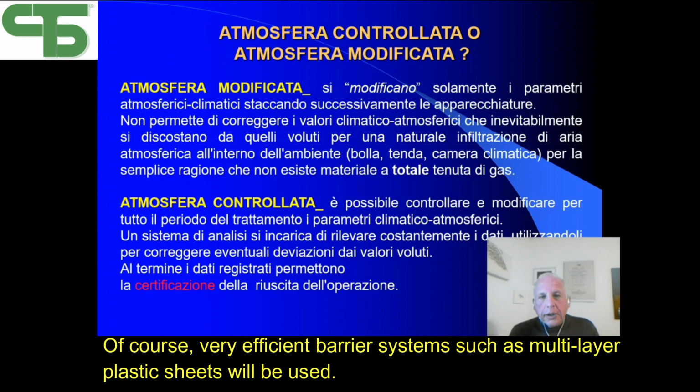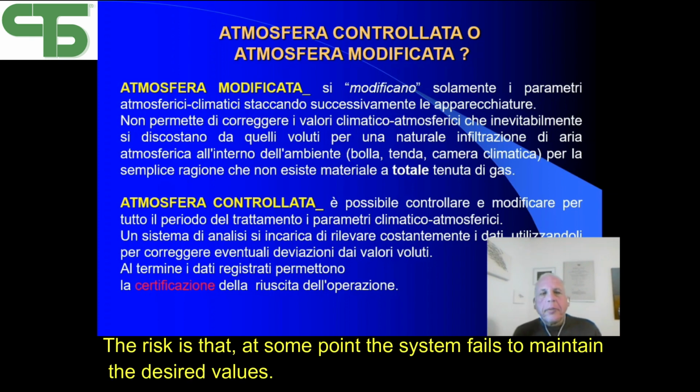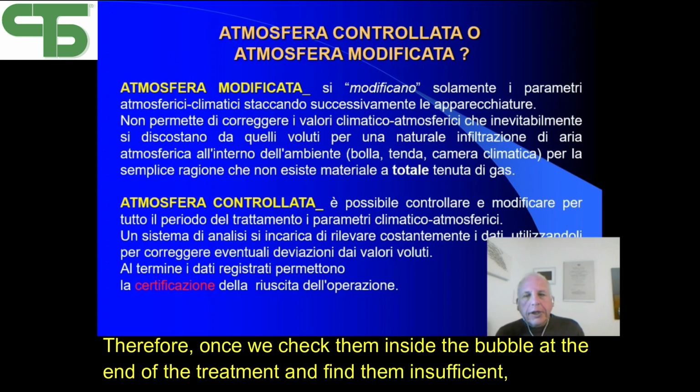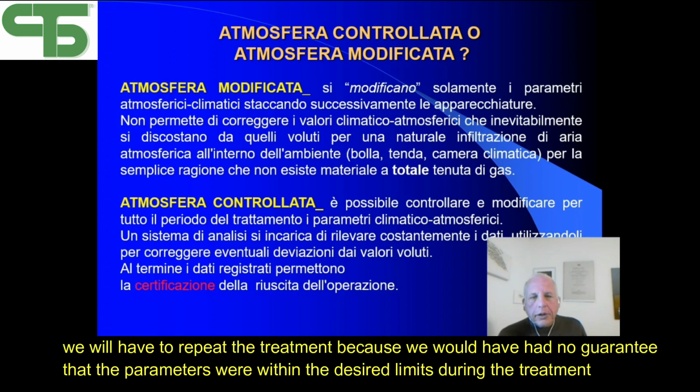Of course, very efficient barrier systems such as multi-layer plastic sheets will be used, but the risk that at some point the system fails to maintain the desired value is there. Therefore, if we check the values inside the bubble at the end of the treatment and find them insufficient, we will have to repeat the treatment, because we would have had no guarantee that the parameters were within the desired limit during the treatment.